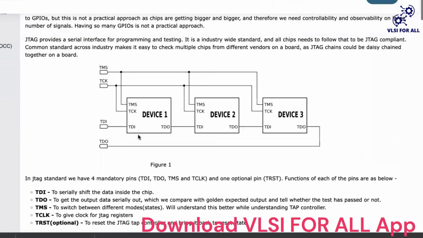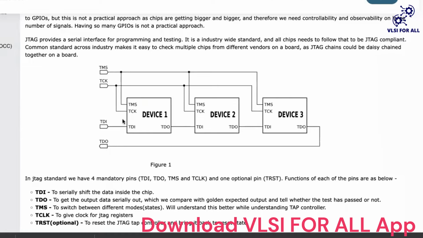TDI is basically the input and TDO is the output, you can consider. So in a SoC, if there are multiple chips from different vendors, device 1, device 2, and device 3, we can chain them in a serial fashion as well. All the chips can be connected to one common TDI, which will be at the top level.